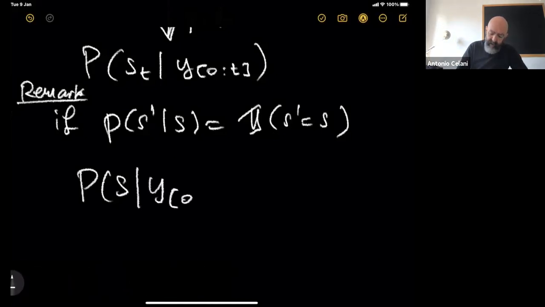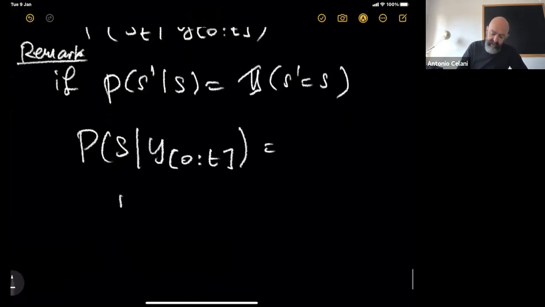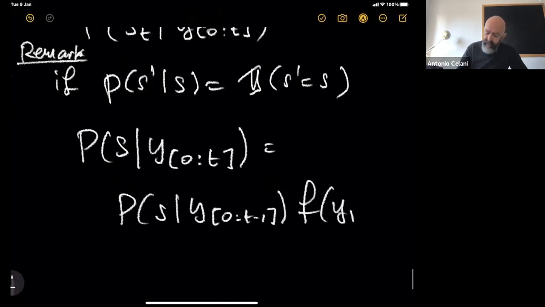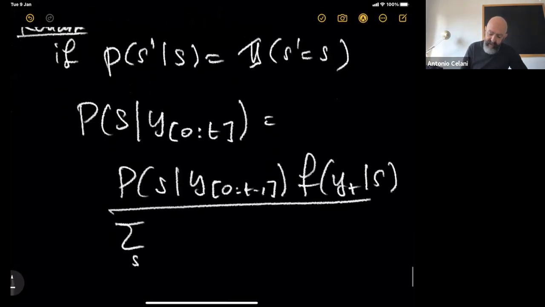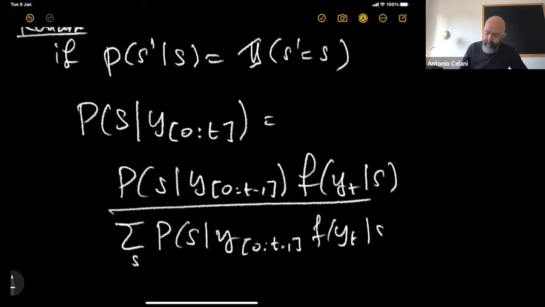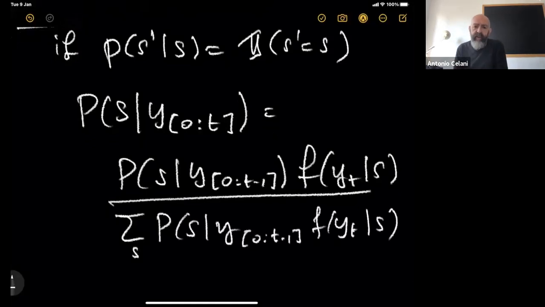Given the sequence of observations up to time t is just the probability of that state given the previous sequence of observations times the likelihood of the last observation given the state divided by the sum over S. So this is the version of the Bayes formula you are probably all familiar with.